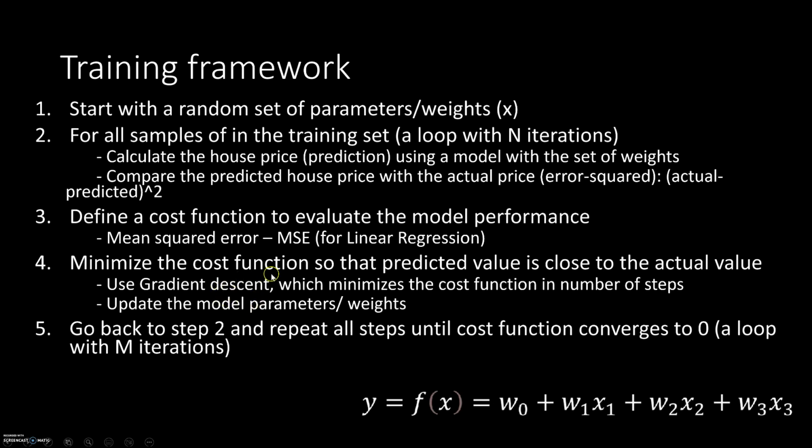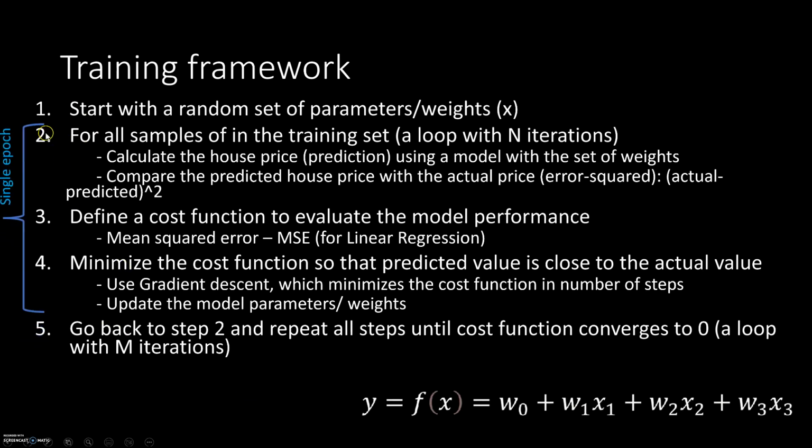So we minimize the cost function using gradient descent, and then we update the model parameters. When we do the gradient descent steps, we get a new set of parameters. Again, in the next slide, we'll cover the details. Then we go back and repeat from step 2.